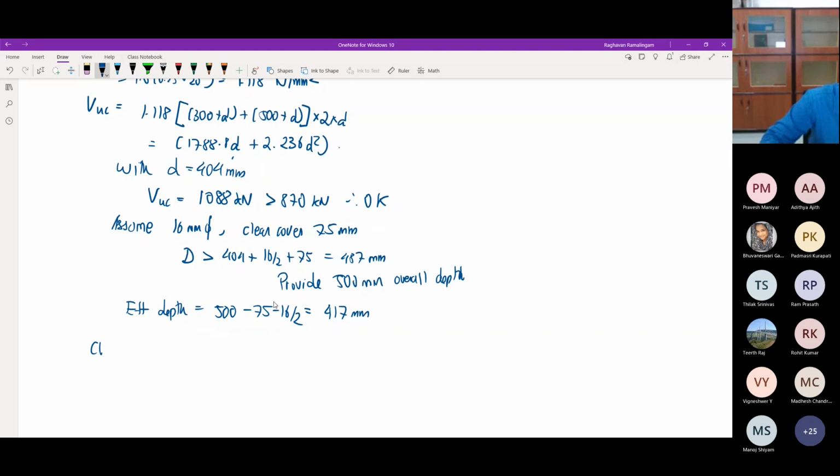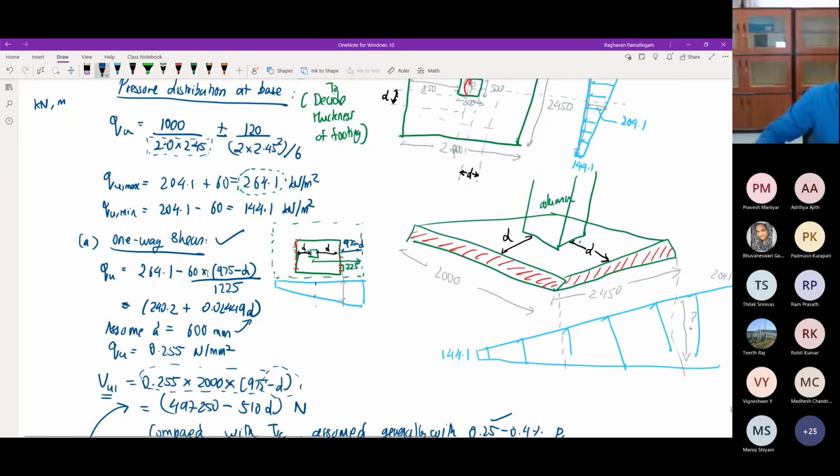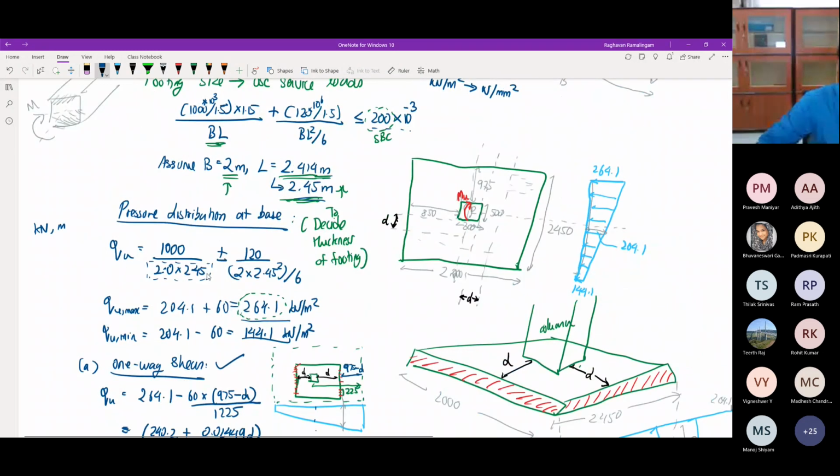Now next is to check the maximum soil pressure. We are actually rechecking the soil pressure. Initially we have found some soil pressures, and this has been calculated based on a 15% increase in load for the backfill and the weight of the footing.